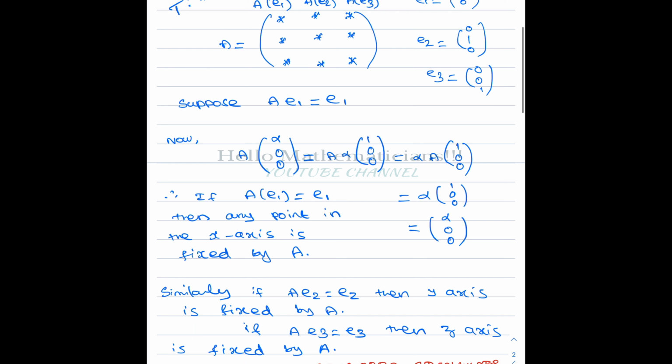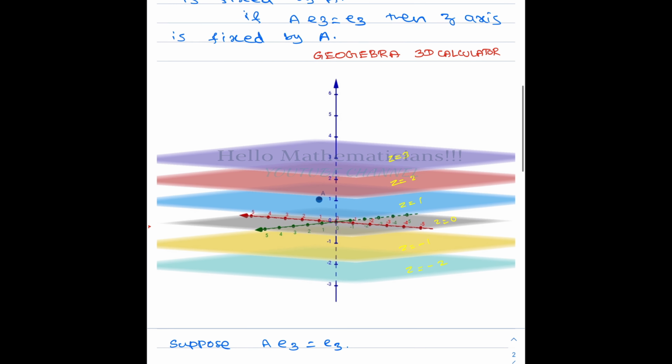Now, let's make some small computation. For example, suppose A of E1 equals E1. Then we look at a vector from the real line in the three-dimensional Euclidean space. If it is coming from the real line, then it will have only an x coordinate, and the remaining ones are 0. I can show you in the image.